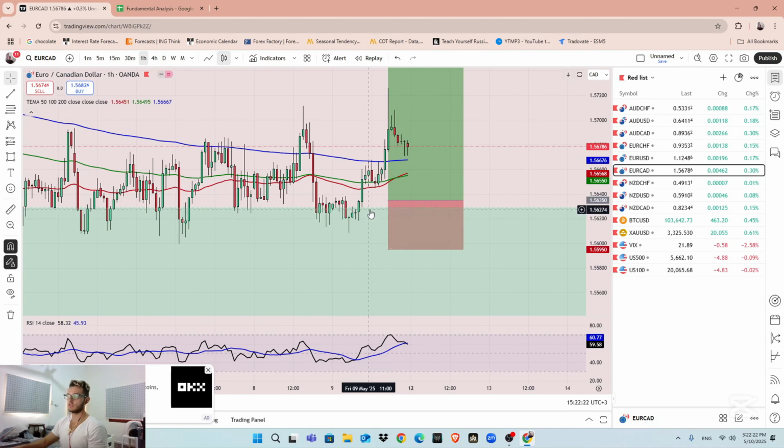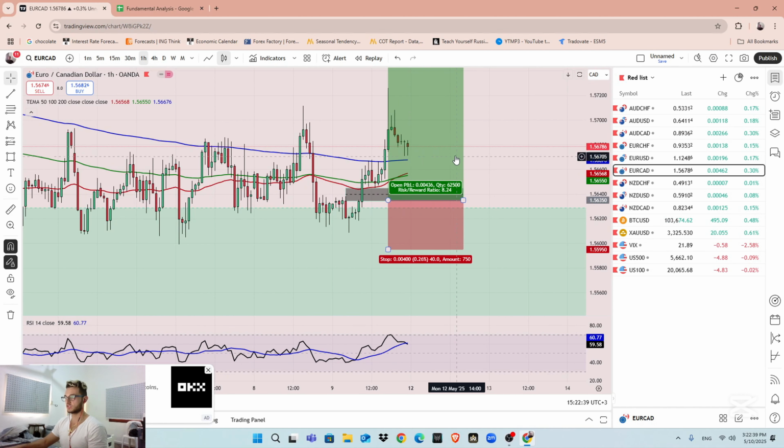Data came out negative at 3:30 p.m. local time on Friday, but I anticipated a retracement. It did not happen, and now I'm looking into this zone right here to enter a long position, risk to reward above 1 to 8, good stop loss and good entry as well.